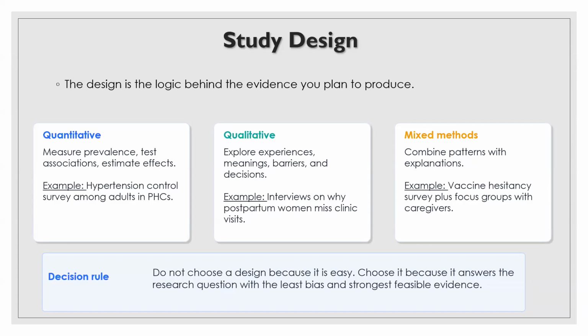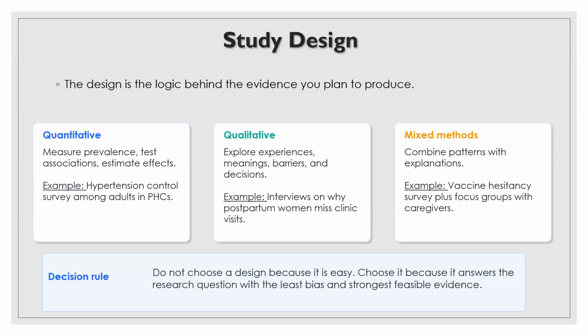So anything that has to do with measuring numbers, measuring quantity, measuring percentages, measuring means, measuring median, you're dealing with quantitative here. When you're talking about hypertension control, you're dealing with numbers. You are not able to measure hypertension if you are not talking about number, because hypertension is quantitative.